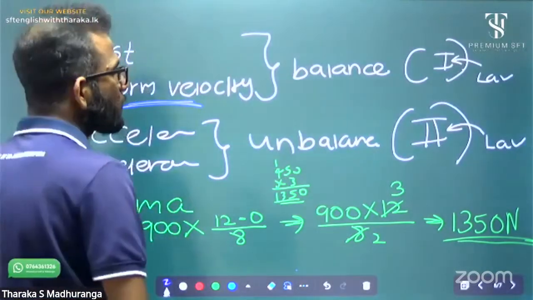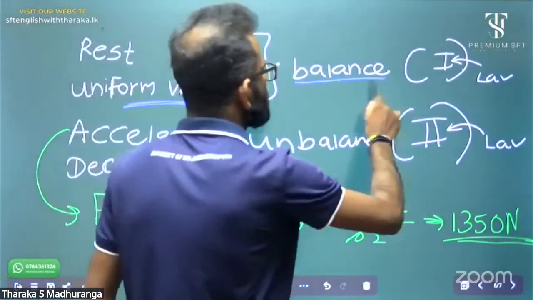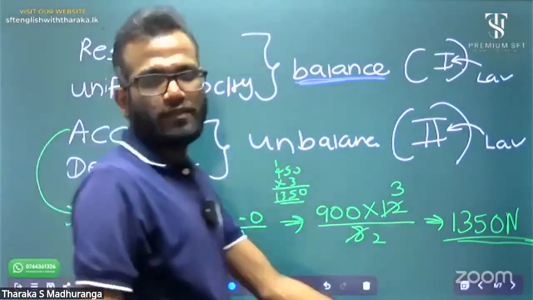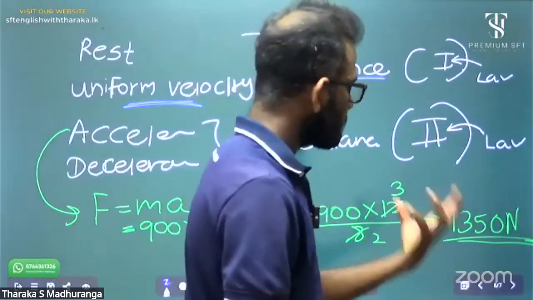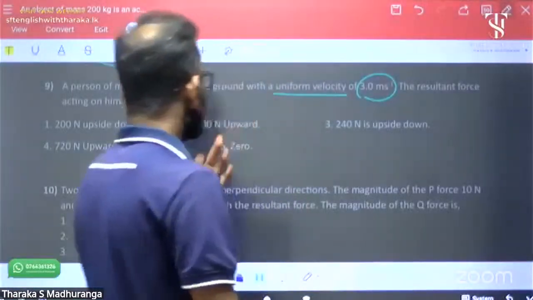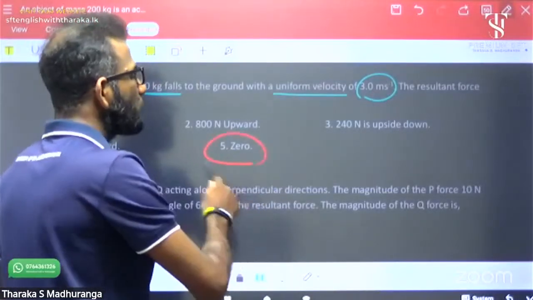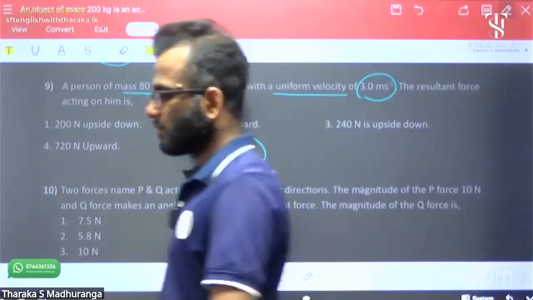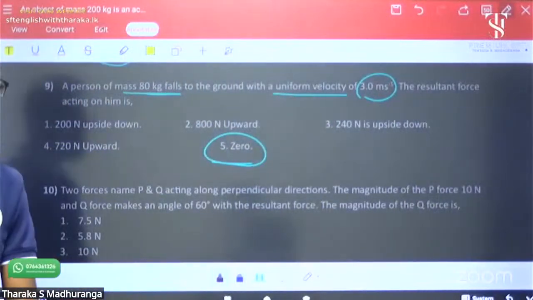Definitely he is balanced. Then by Newton's second law, there is no resultant force. The person is already balanced, that's why he is coming with uniform velocity, no resultant force. Resultant force 0.